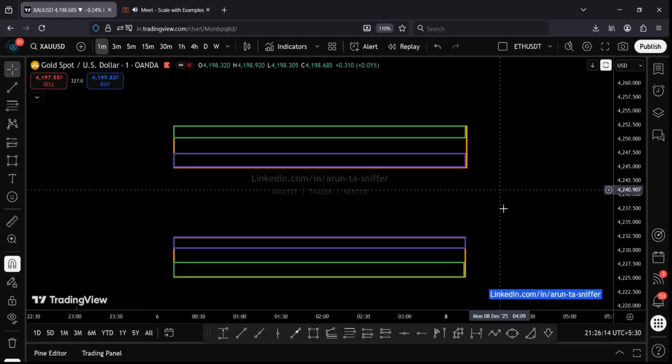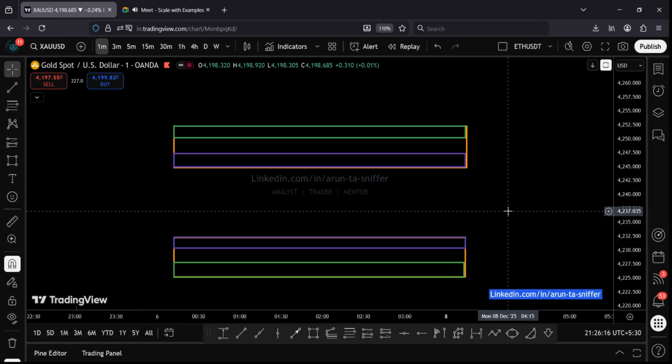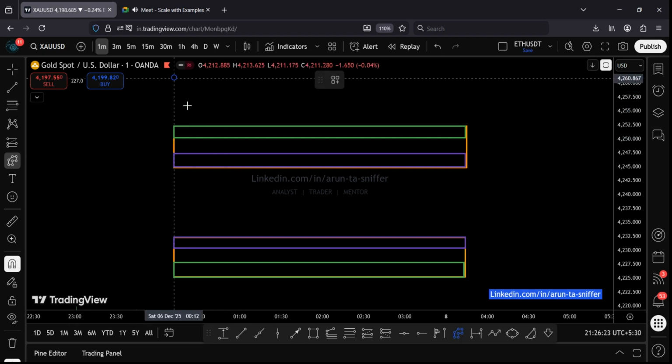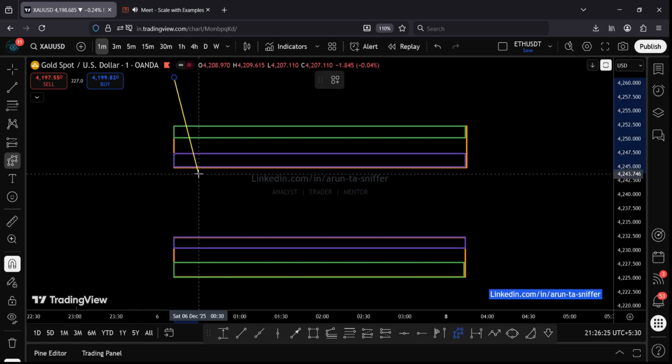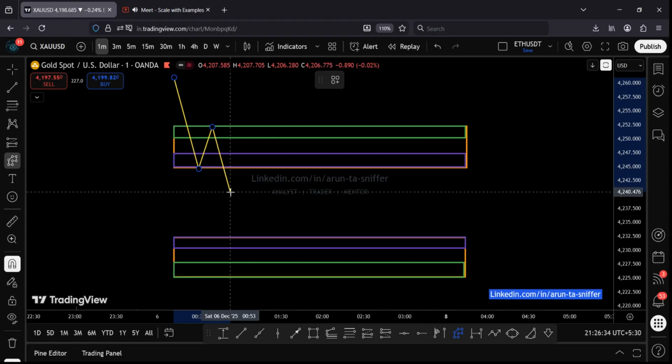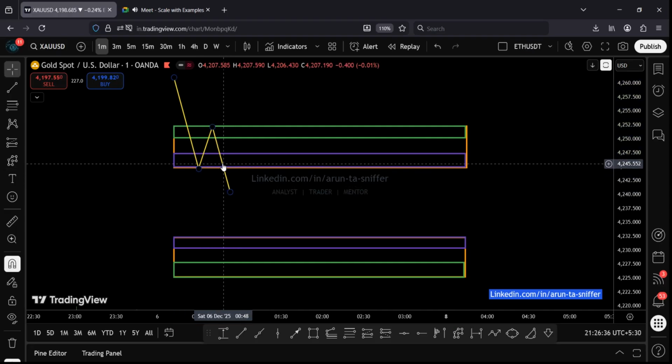Okay, so imagine price is coming like this. Coming like this, we have got MPL like this now.